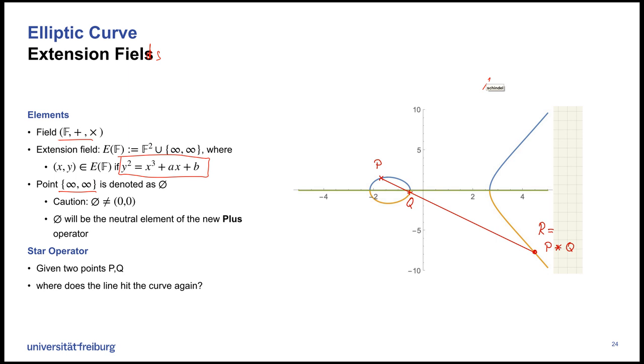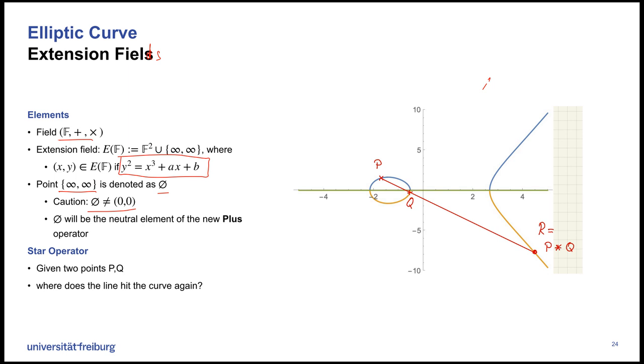So it's not plus and minus infinity. Infinity means something like way out there. Or you could think that this is like a globe, and the infinity is on the other side of point 0, 0. So that means that infinity is not the same as 0, 0, but later on we give this empty set symbol for it because it will serve us as a neutral element for some operations.